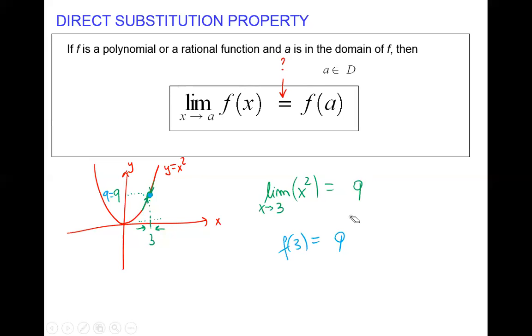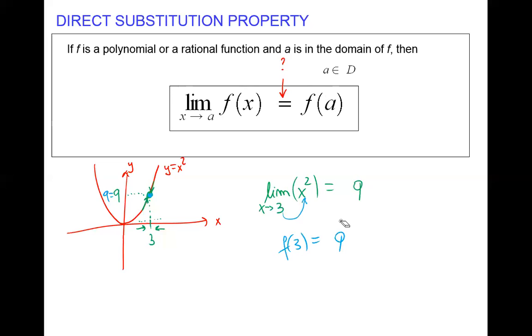But from an arithmetic point of view, this is 9 and this is 9. That's the reason we have this property. That means if the function is continuous, and the value 3 is in the domain, in order to calculate the limit, I can simply substitute the number into the formula and get the answer. But please always remember what this means. We are approaching 9 for this, we are at 9 for that.